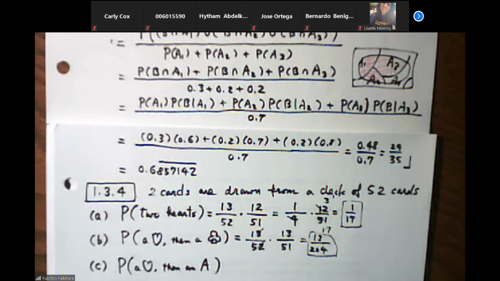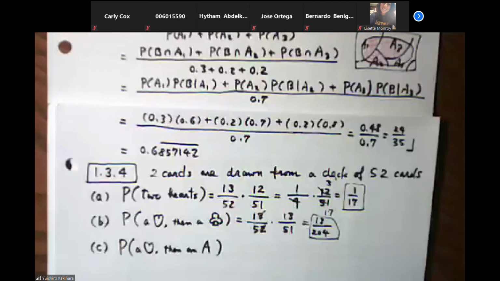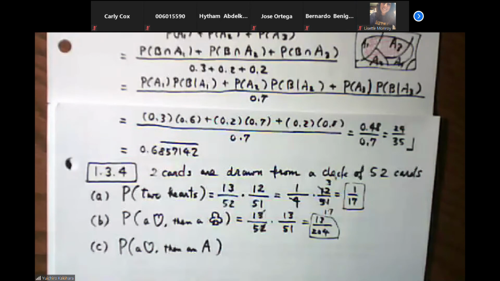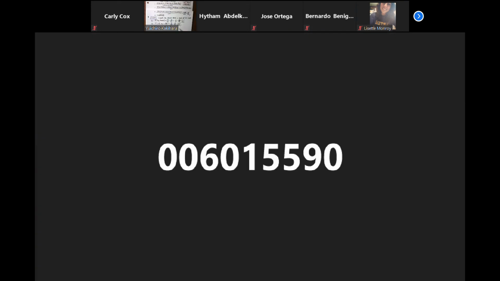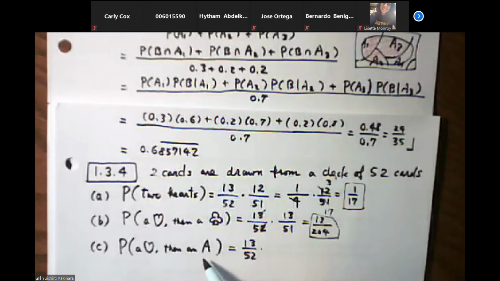Then how do you proceed? Want to be like part B? This will be 13. Okay, if you do so, then the heart is 13 out of 52. Yes, and then second one is 13 over 51. It would be 3 over 51, right? 3? Why 3?